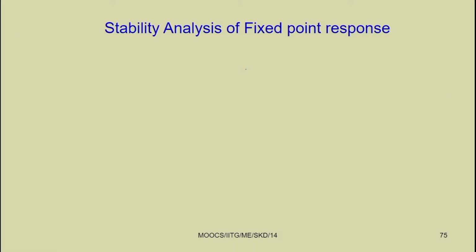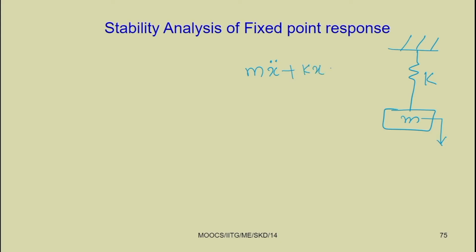So, let us take the example of the same simple spring mass system. So, this is the spring mass system, this is K and this is M, and the equation becomes mx double dot plus kx.